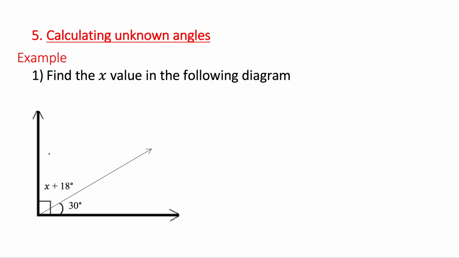So first, I need to identify which type of angle I have here. I have a complementary angle, therefore it's going to be, no, sorry. I have a right angle triangle here, agree? And in this right angle triangle, we can see that it has two angles. It's divided into two, one that is 30 degrees and the other one that is labeled as x plus 18 degrees.